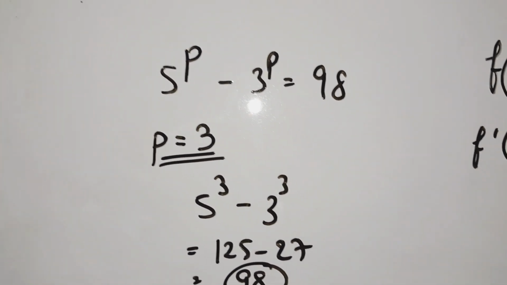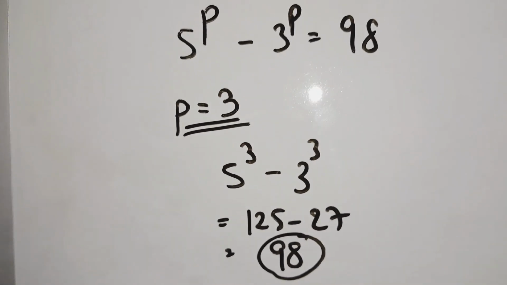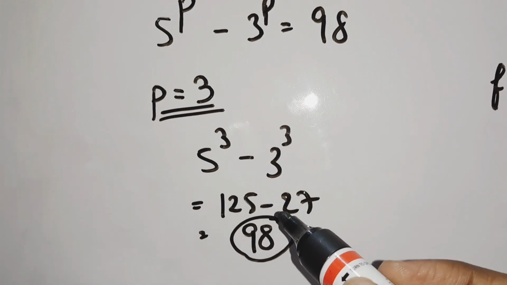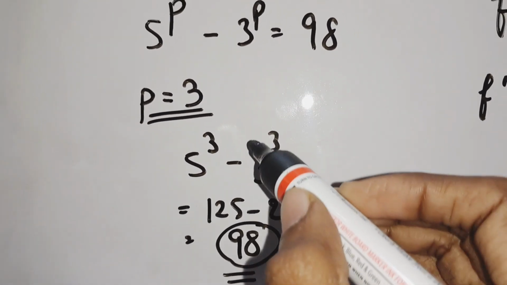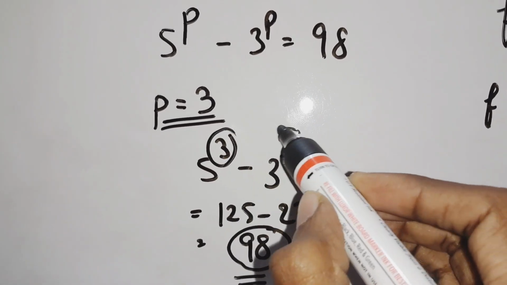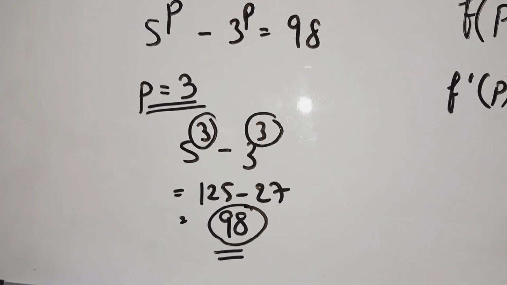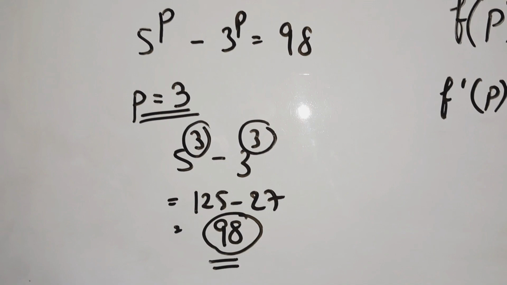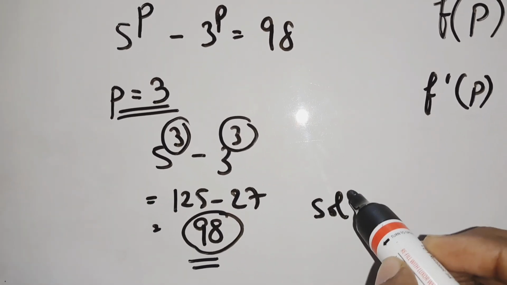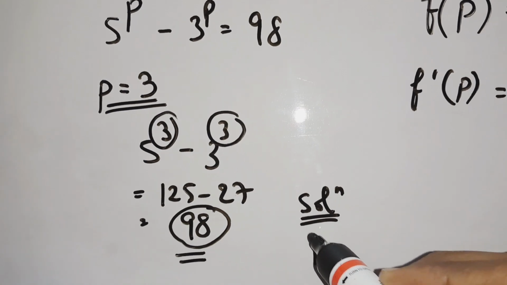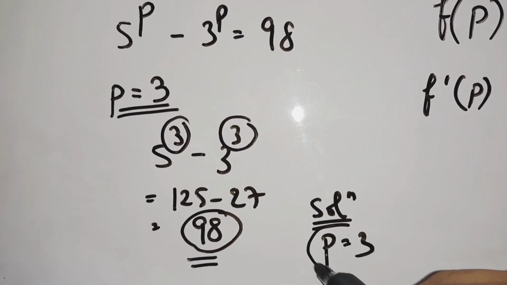Okay, so we got by the trial and error method, 5 cube minus 3 cube is 98. So for p equals 3 we are getting it, and we know that only a single solution is possible. So the solution is only p equals 3.